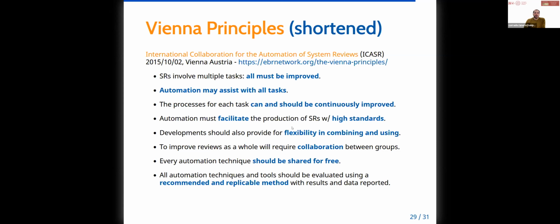And those standards can be achieved only with collaboration between people and algorithms. So you have to provide and use algorithms that can be combined together, working together between groups of people and between automatic tools. And everything should be shared for free, because we are talking about systematic reviews and meta-analyses that are at the top of the evidence pyramid of healthcare.